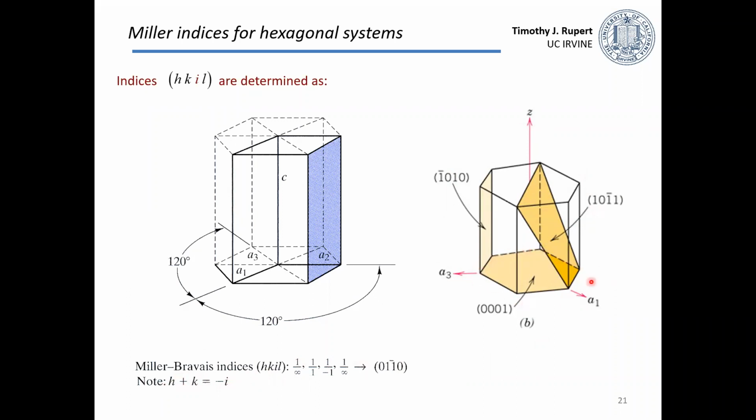So this bottom plane is 0001. That's the one on that close-packed plane. The face of this hexagonal cell is a 1 bar 010 plane. And this cut through this cell at some inclined angle is a 1 bar 1 plane.